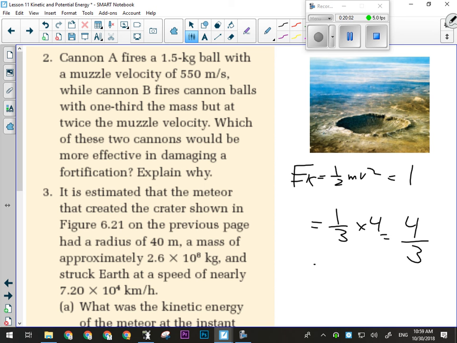This is the idea behind the railgun. How many people have heard of that before? It's kind of out of science fiction, but the idea of a railgun is you use a really small projectile, but you accelerate it to unbelievable speeds using electromagnetic force fields. You don't have to carry explosive munitions in a ship anymore.